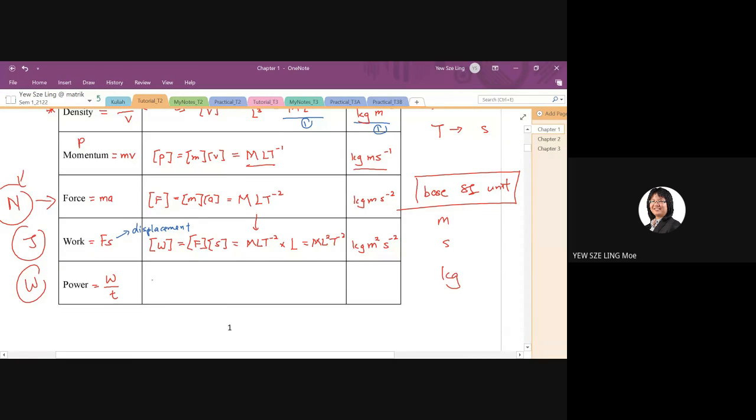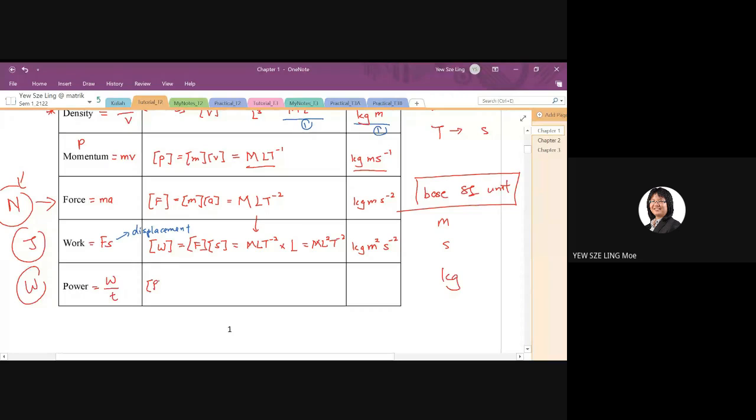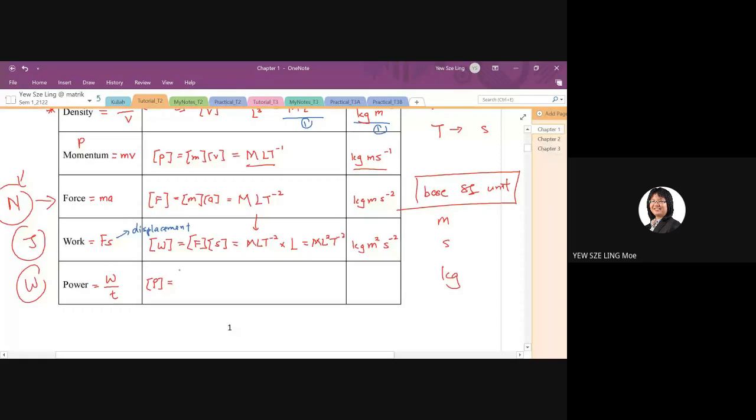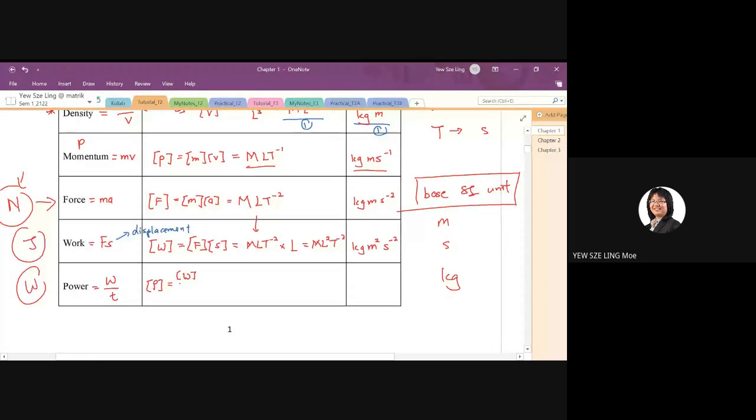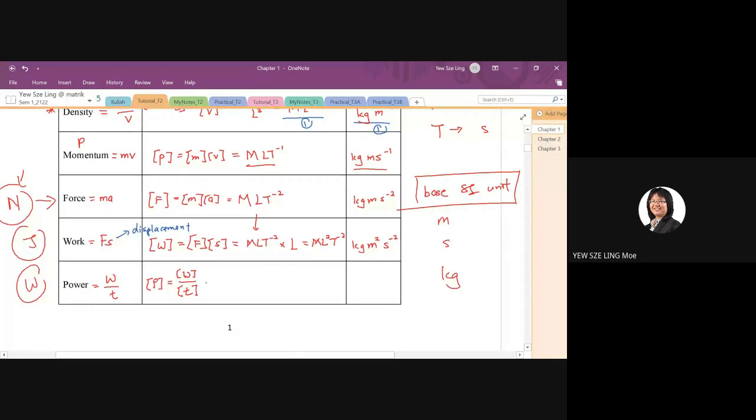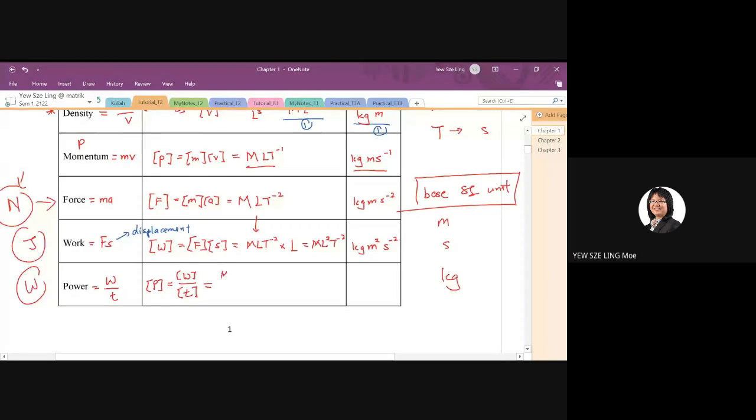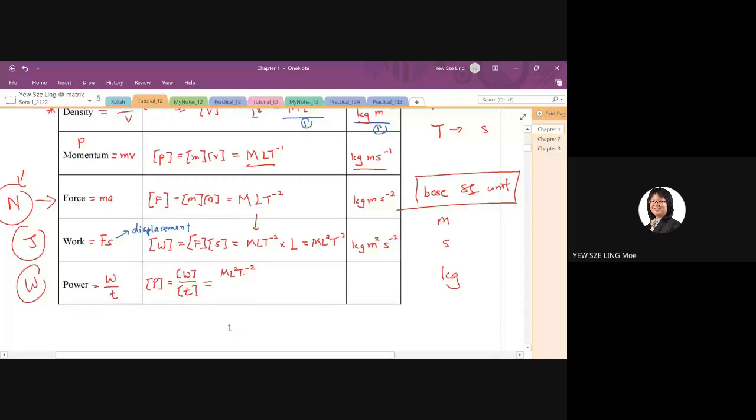So now it's power. Power, [P] equals [W] over [time]. So from previous questions we have work done is ML^2T^-2.